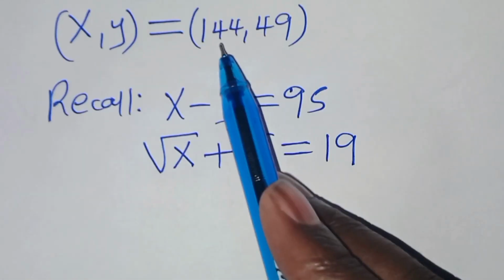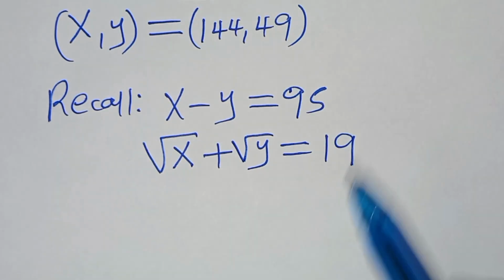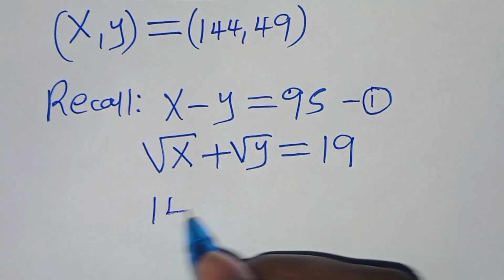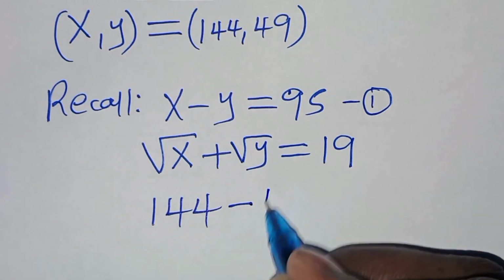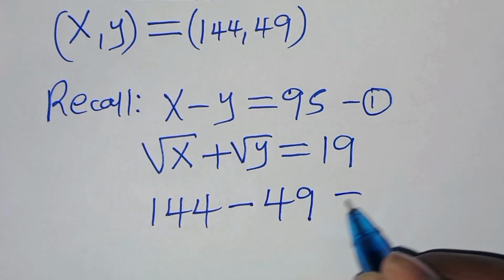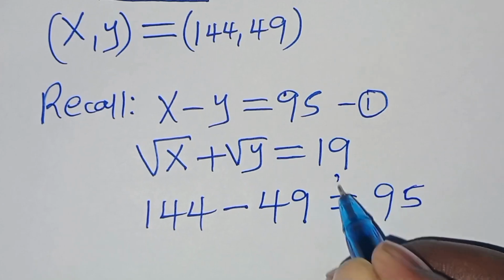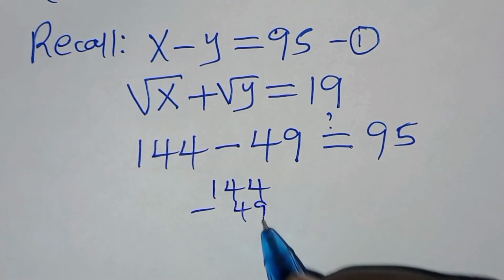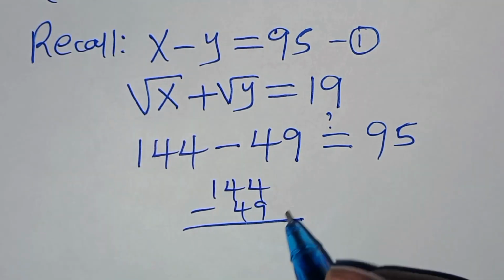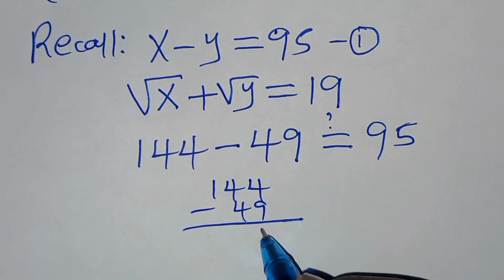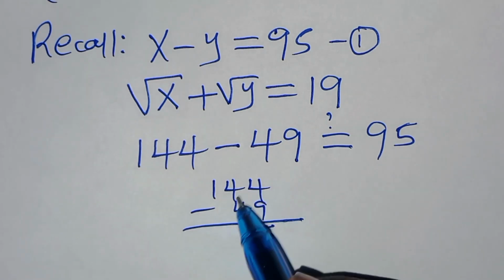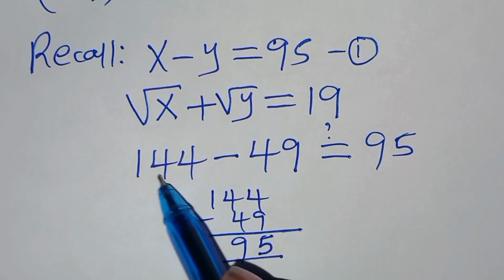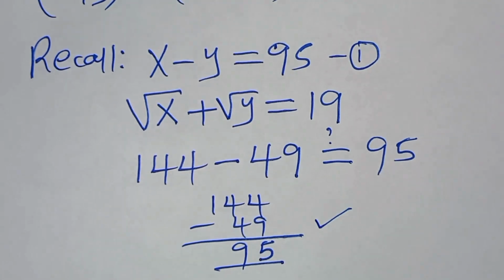Let's check if 144 and 49 satisfy the equations. From the first equation, we have 144 minus 49, which should give us 95. So the set of solutions satisfies the first equation.